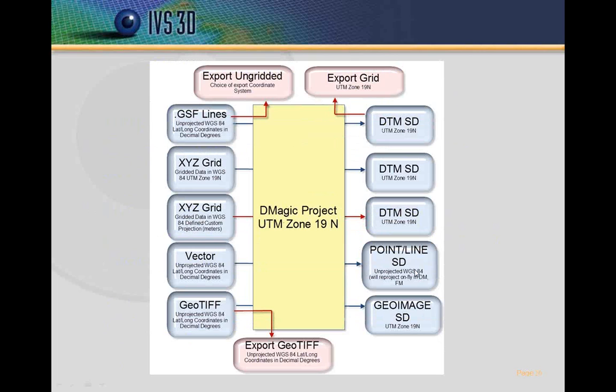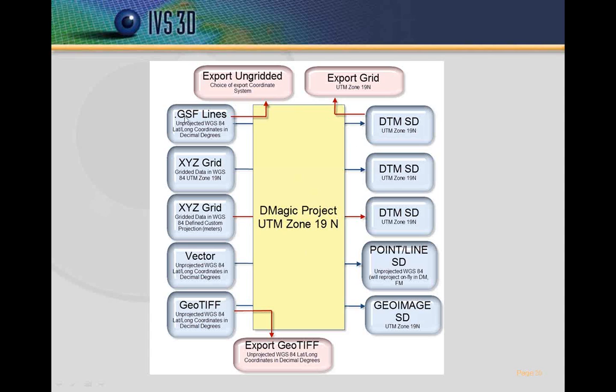And then I just have an image to sum that up, of different things and what happens to them. For example, if you have a set of GSF lines that are in WGS84, if you take them through DMagic and make a DTM-SD, by default they will be in Zone 19 if the project was set to Zone 19.